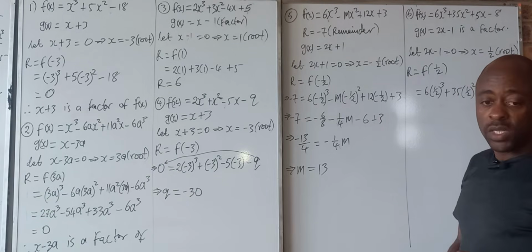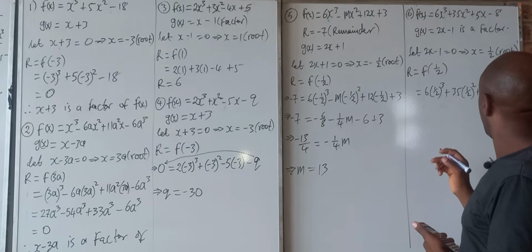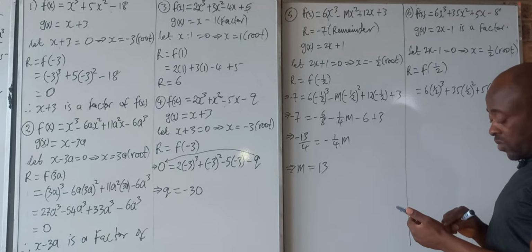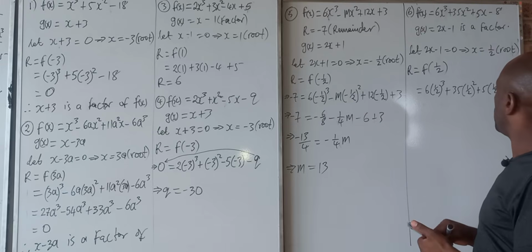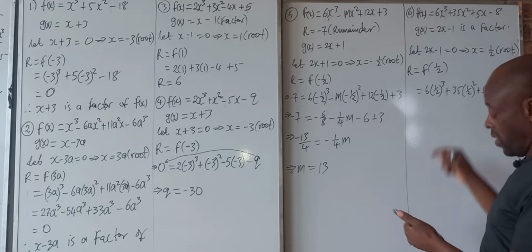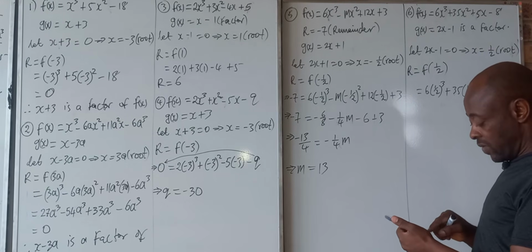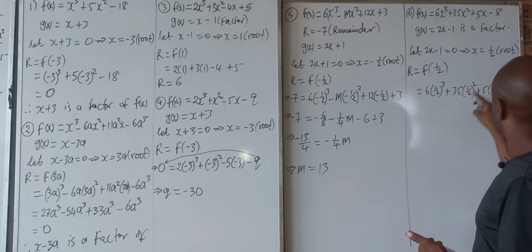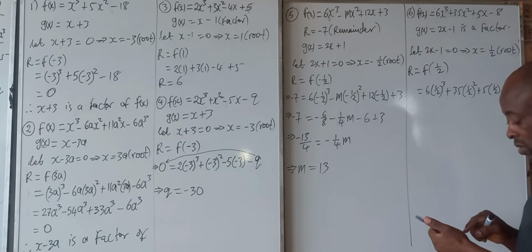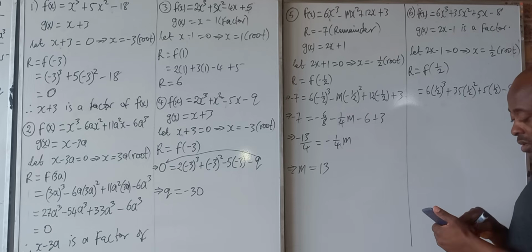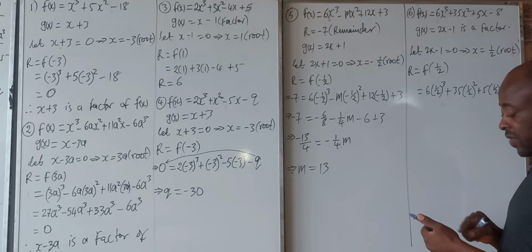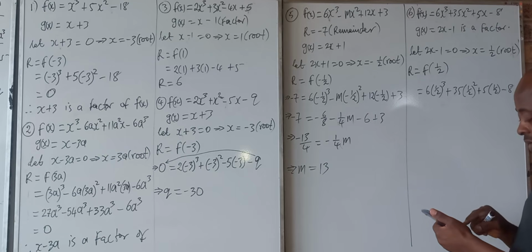So my calculation will lead me into what? The first thing will be 6 on 8, since a half cubed is 1 over 8, then plus 35 on 4, since a half squared is 1 over 4, then plus 5 over 2, a half of 5 is 5 over 2, then minus 8.